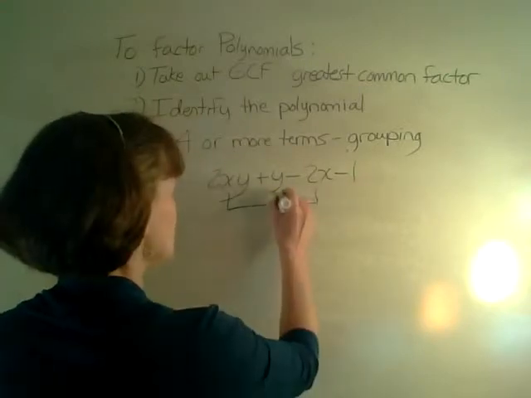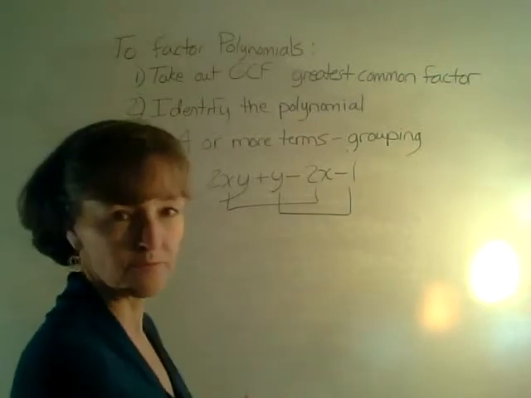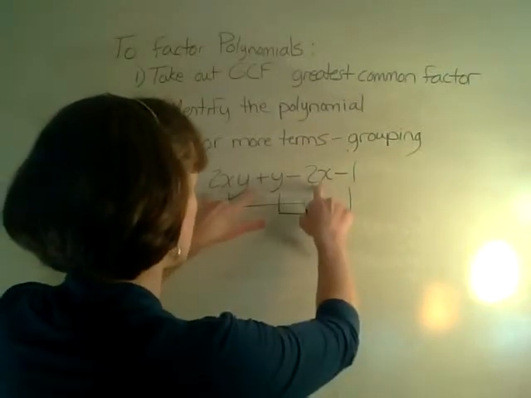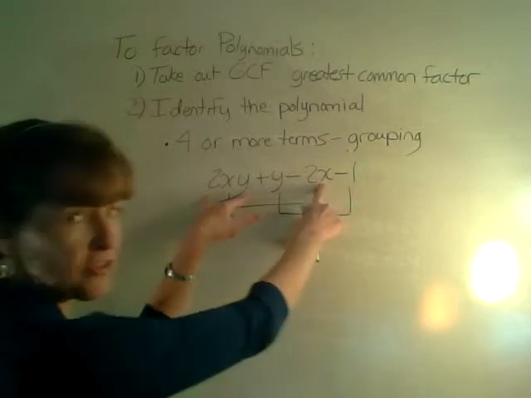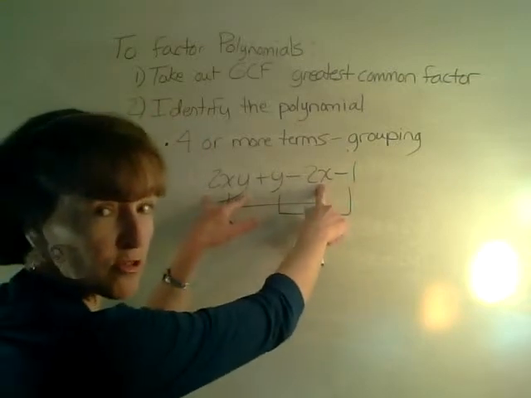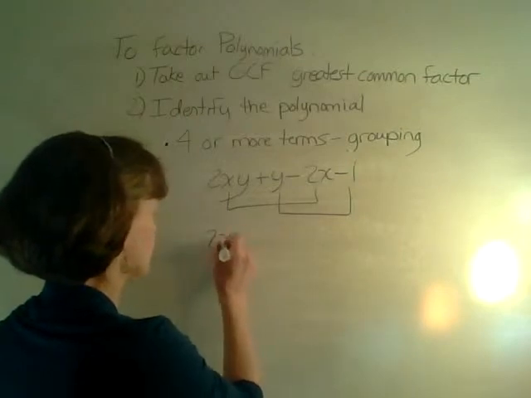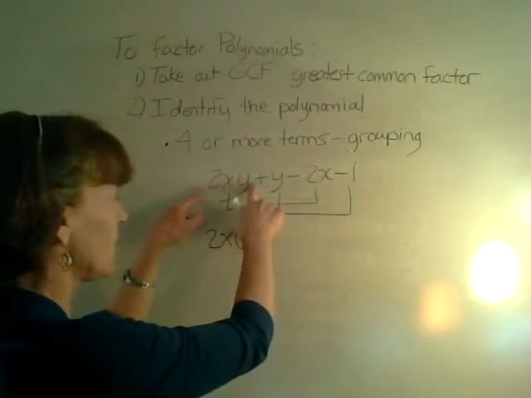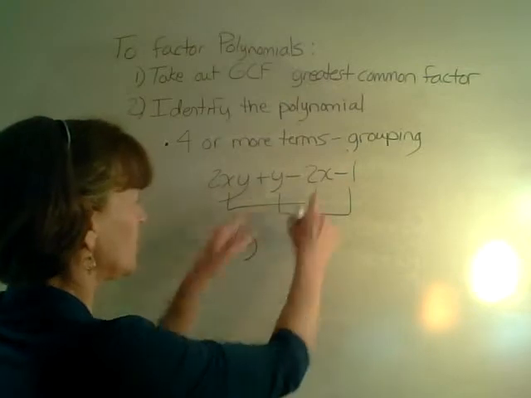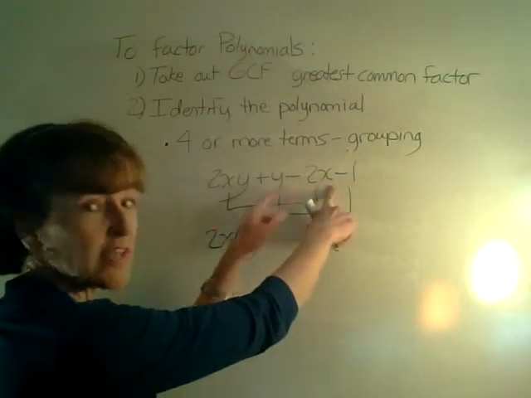And that means that these two terms then must be grouped together. Alright, so we're going to take out what's in common with these two terms, and they both have a 2 and they also both have an x, so I'm going to factor out a 2x. Now when I divide 2xy by 2x, I get y. And when I divide negative 2x by 2x, I get negative 1.